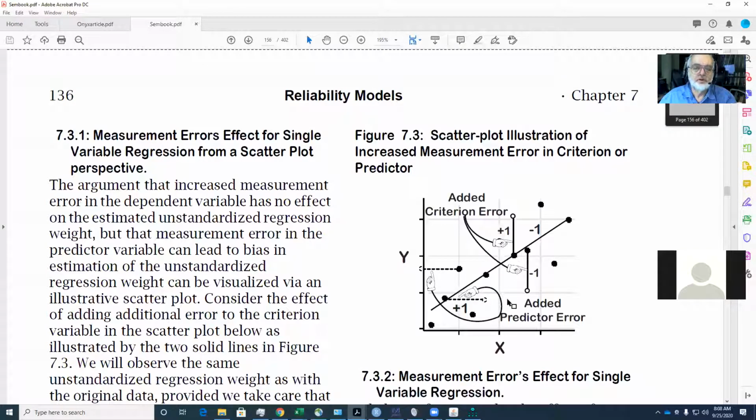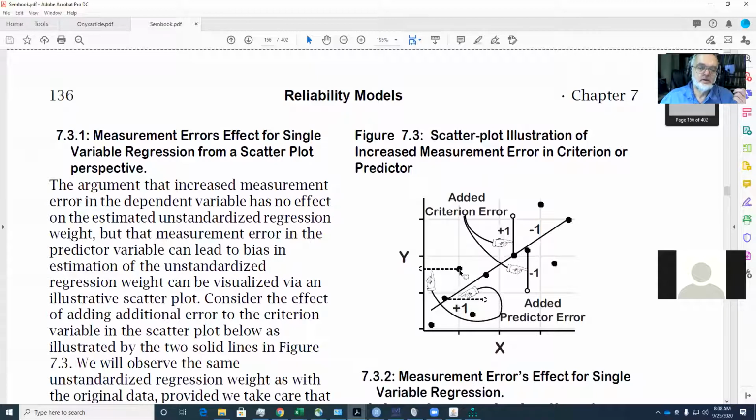Specifically, a regression line is going to minimize the distance between an observed data point and the regression line. So my point is, if I add in random error, say I take this data point and I give a person a bonus point that they don't deserve, and I take this data point and I subtract a point that they don't deserve, none of that is going to change the slope of this line.